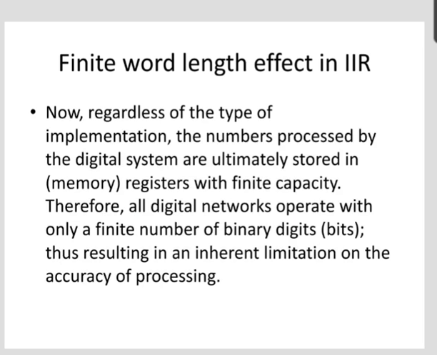The cascade and the parallel form system function consist of second order direct form systems. In both the cases, each complex conjugate pole pair is realized independently of all other poles. Thus, the error in a particular pole pair is independent of its distance from the other poles of the system function.